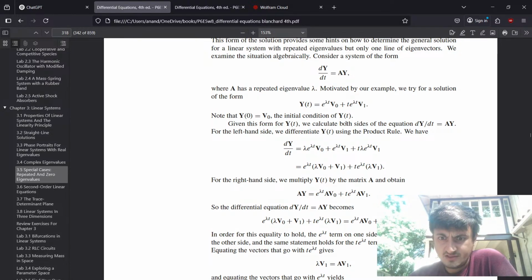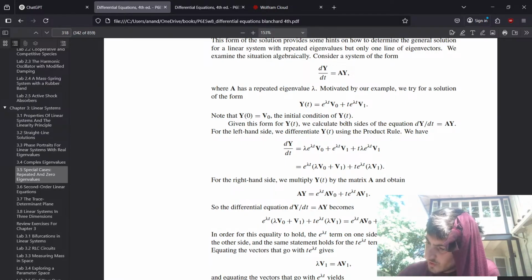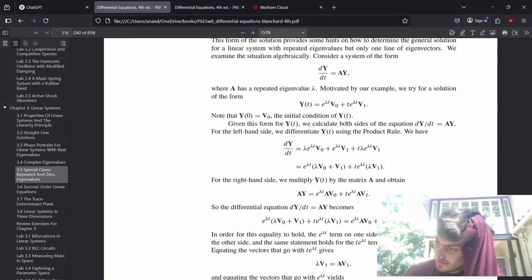Okay, and they factor it, so this goes to e to the lambda t times (lambda v0 plus v1) plus lambda t e to the lambda t v1.